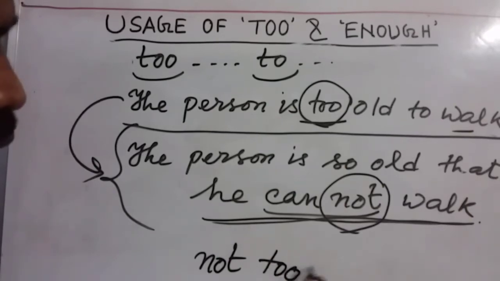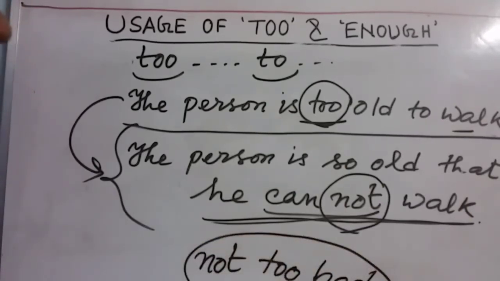Here you mean to say, not so bad. So it is acceptable in spoken English, but in writing or in competitive exams, we have to be very serious about it.